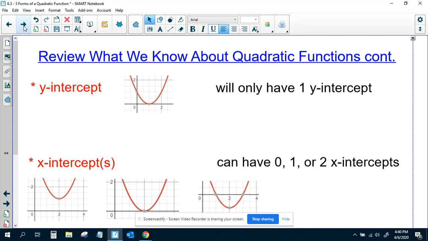As you can see from that first graph, this one does not touch the x-axis at all, so it has 0 x-intercepts. The second one touches the x-axis at exactly 1 point, so it has 1 x-intercept. And the last one touches the x-axis at 2 points, so it has 2 x-intercepts.